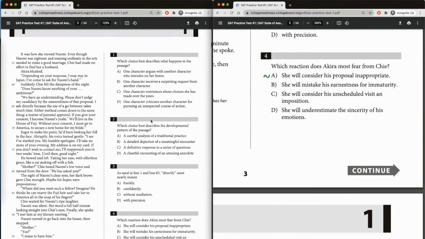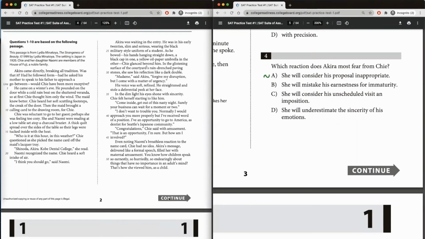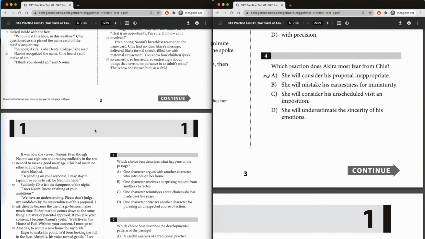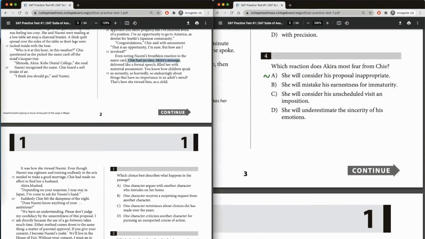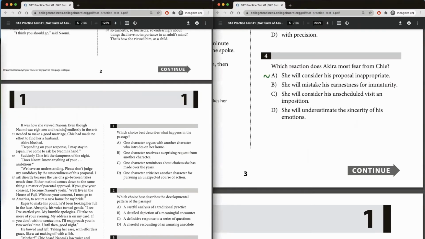Well, doesn't it say somewhere in here that she thought of him like she would look at Naomi? Oh, right here. Akira's message, delivered like a formal speech, filled her with maternal amusement. When children speak so endearingly, that's how she viewed him, as a child, and that's how she viewed Naomi.